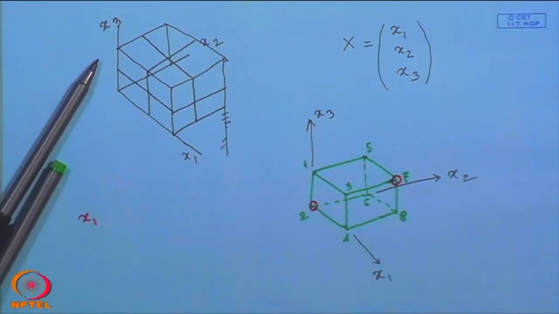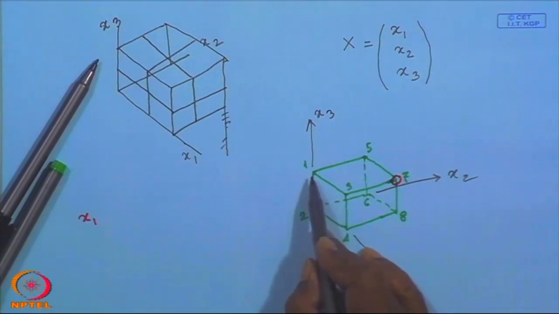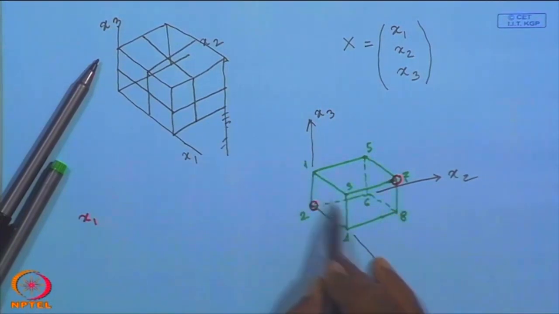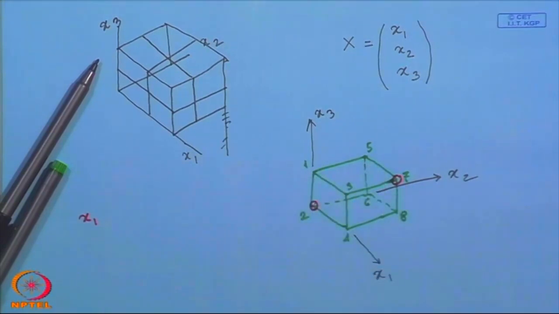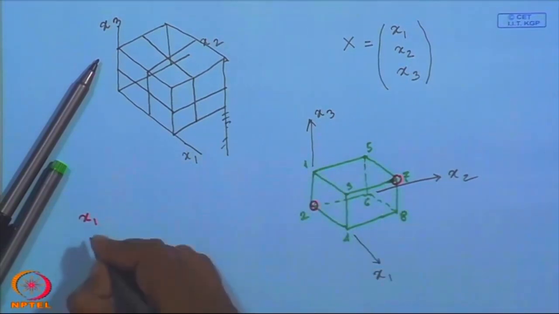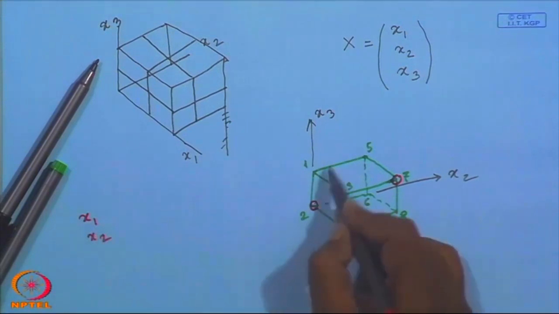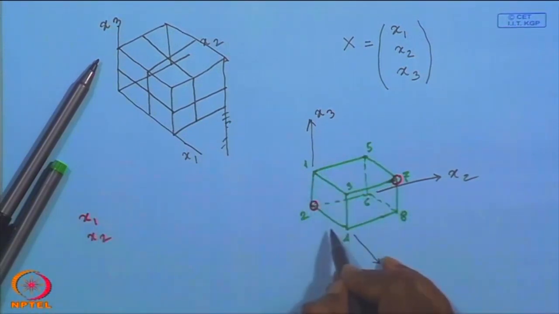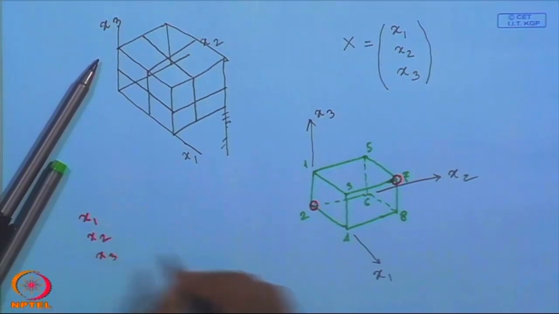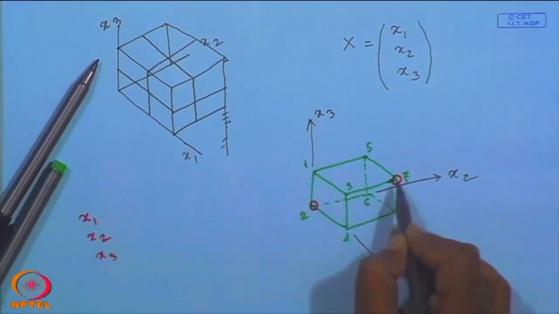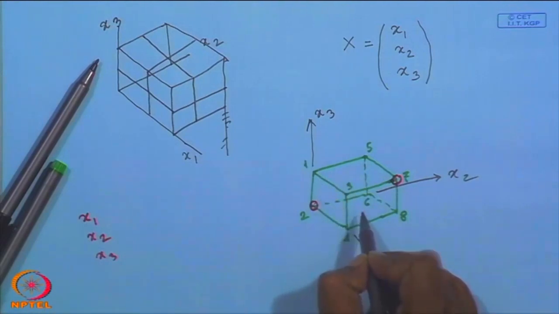where for this vertex, the x 1 component will be the minimum of x 1 components of all the 8 vertices. X 2 component will be the minimum of x 2 components of all these vertices. X 3 component will also be the minimum of x 3 components of all these vertices.